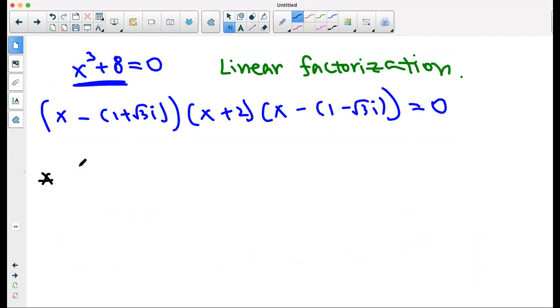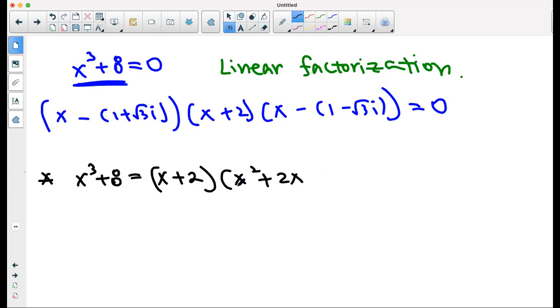Okay. Then you should remember what this one is equal to, isn't it? Yeah, so what is that equal to? X cubed plus 8 is in fact equal to x plus what? 2, starting from there, isn't it? And then what's the second factor? X squared plus and product of these two, which is what? 2x. And then last one is what? Square of that one. Plus 4.